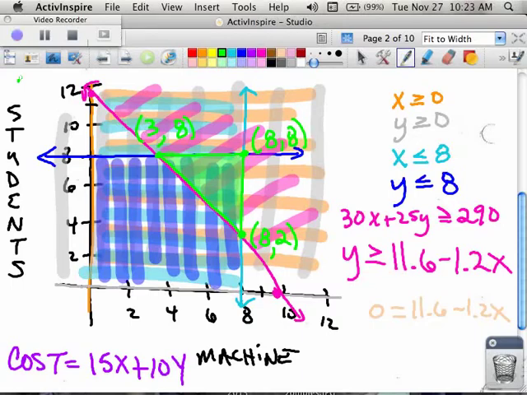Why are these important? Because the minimization of my cost will occur at one of the vertices of the feasible region. You should write that down. The minimal cost will occur at one of the vertices of your feasible region.